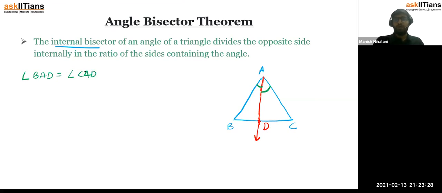Now it says the angle bisector of a triangle divides the opposite side internally in the ratio of the sides containing the angle.